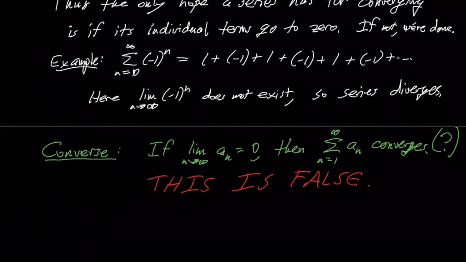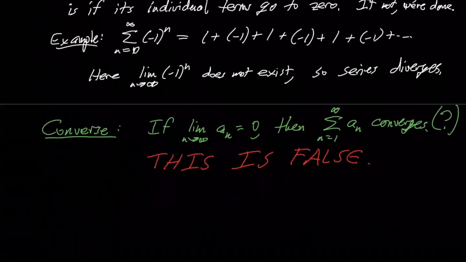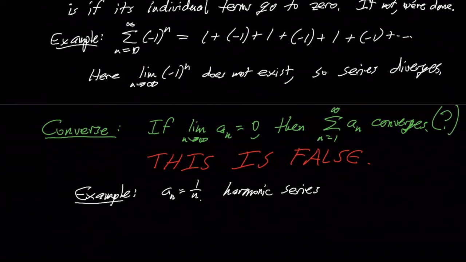Because we saw an example in the previous video, the harmonic series. The example that shows this is false, and this is why the harmonic series is such a critical example, is a sub n equals 1 over n. The harmonic series, the sum of 1 over n from n equals 1 to infinity.